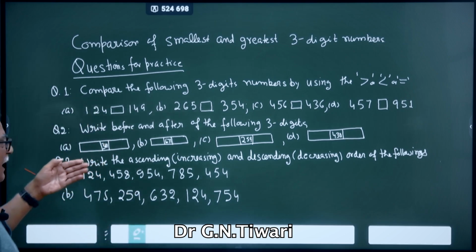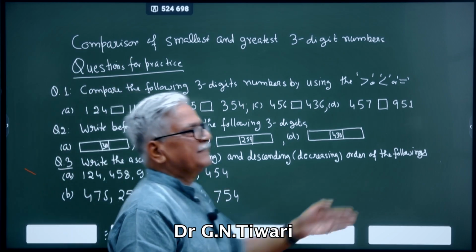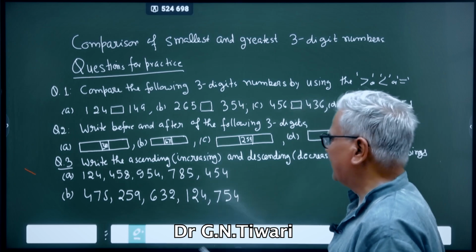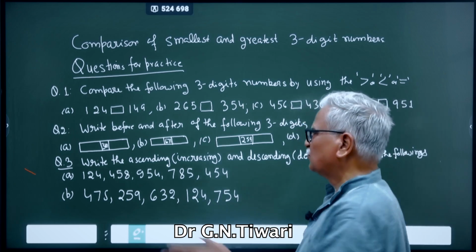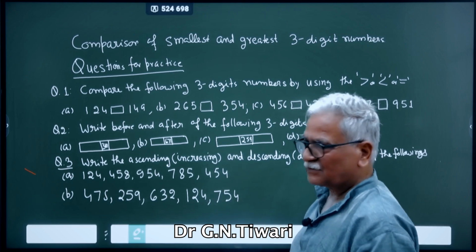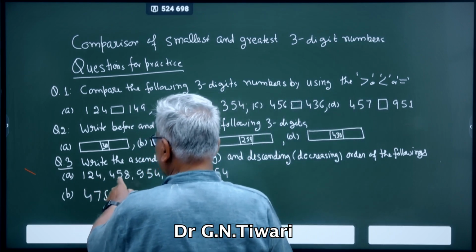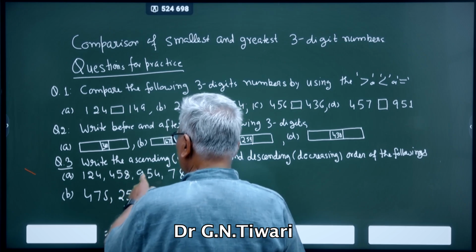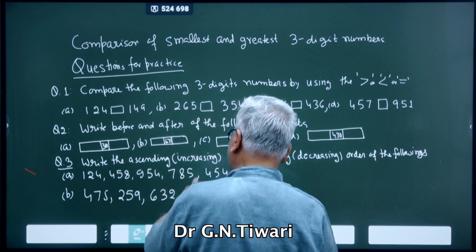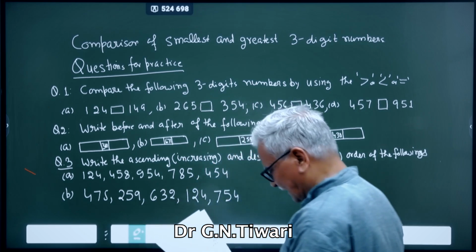If you can already retain ascending order, increasing order, reverse will be descending order. So do all these things, and if you have forgotten, use the number tables, and you can find out which one is the largest one, because it comes between 100 and 199, 400 to 499, 900 to 999, 700 to 799, and again 400 to 499. Thank you very much.